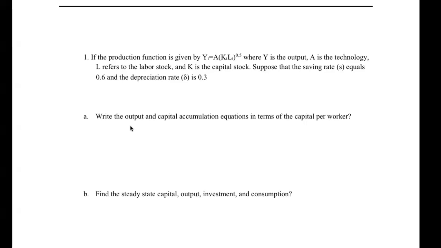Write the output and capital accumulation equation in terms of capital per worker. So you need to write two equations: first one, the output accumulation equation, and second, the capital accumulation equation. For the output one, how do we accumulate output? It is using investment and consumption, right? If you get the output, there are two ways to deal with it.